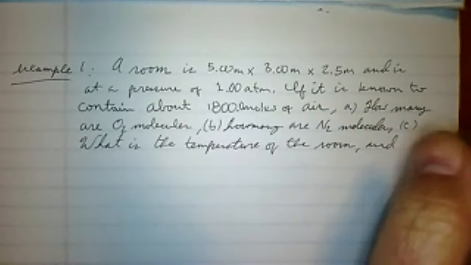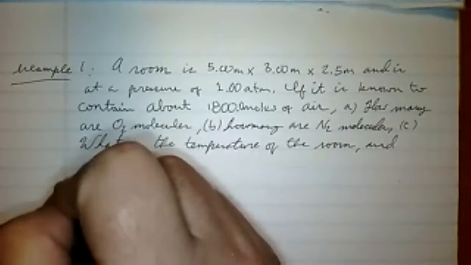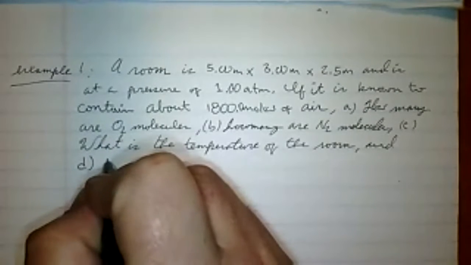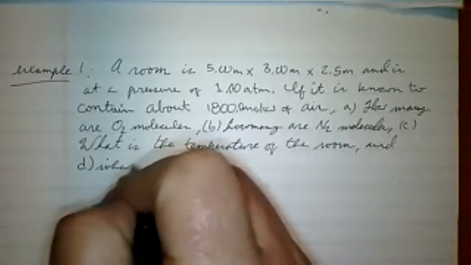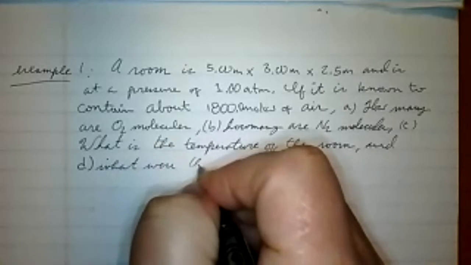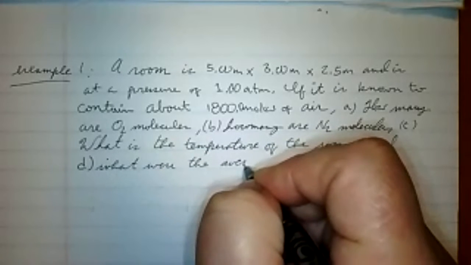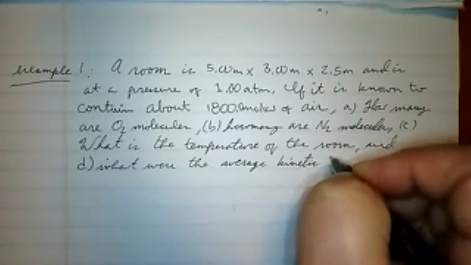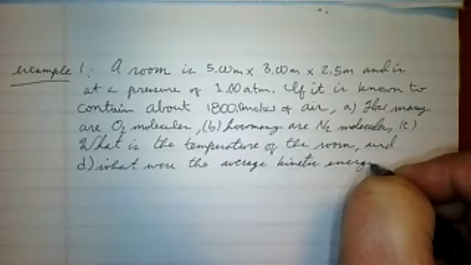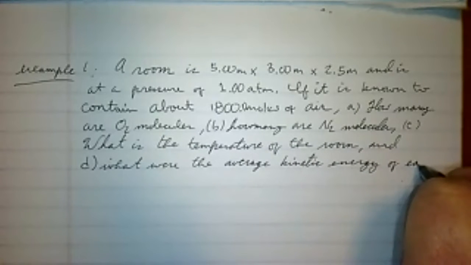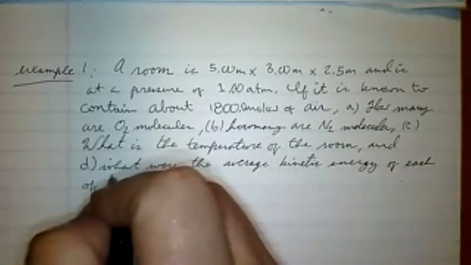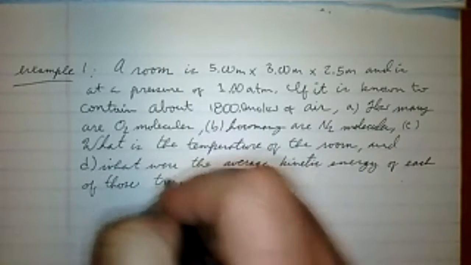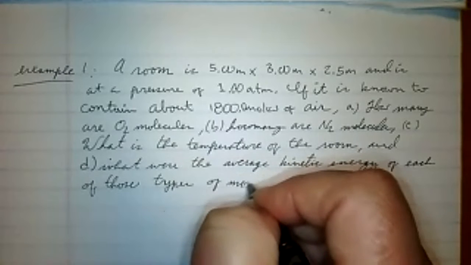And that was C. Let's say D. What were the average kinetic energy of each of those types of molecules?